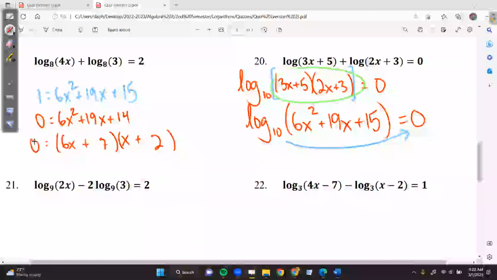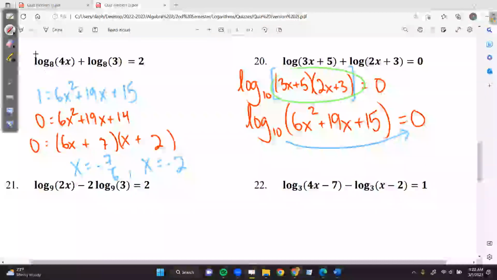So what happens is now you get an answer out of each of those. The first one is going to produce an answer of x equals negative, of course it's negative, and you take the 7 and divide it by the 6. Make sure you do that in the right order. The second one pops out just a simple -2.